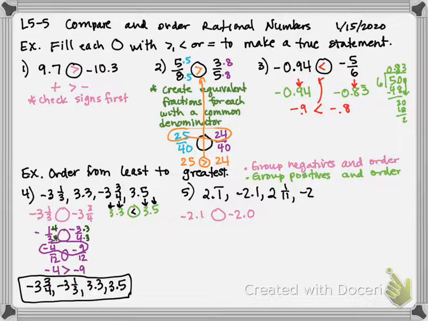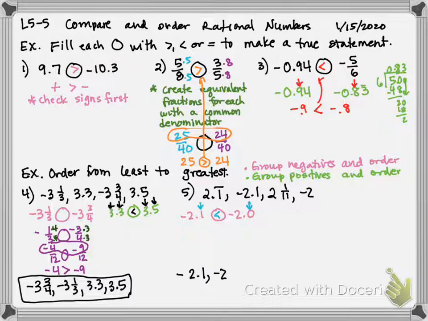So I'm going to compare 1/10 to 0. Now these are both negative, so again, the smaller the number, the closer to 0. So that means the negative 2 is going to be the larger number. So I can already start putting my numbers in order: negative 2.1 is smaller than negative 2.